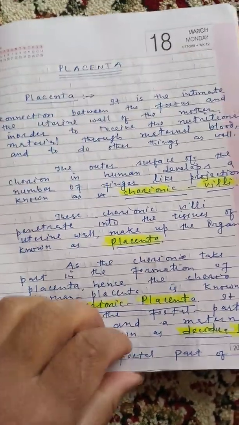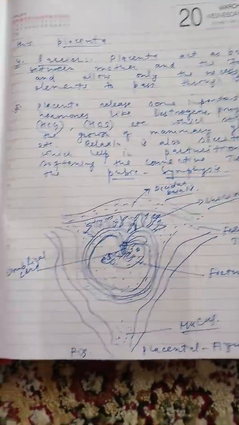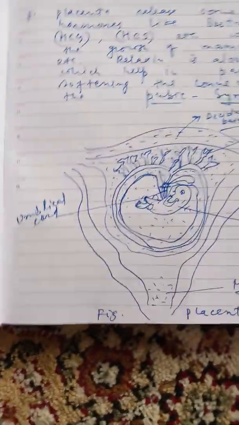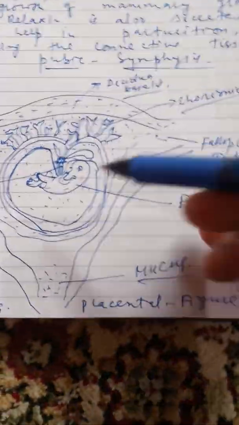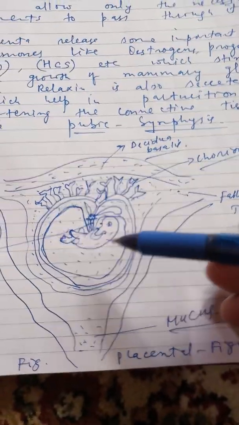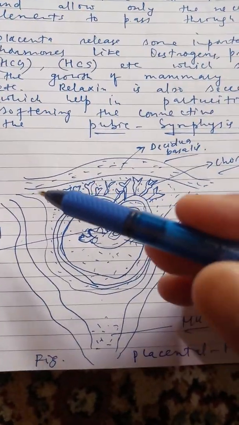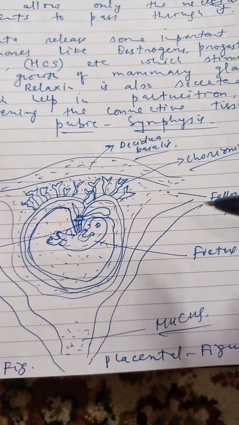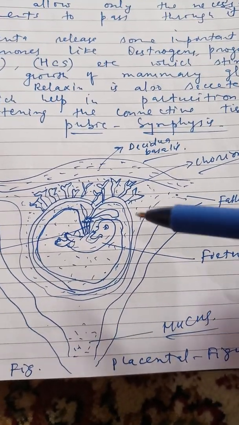So students, let's have a look here. There's a diagrammatic representation. This is our developing fruits inside the mother's womb, and these are the two openings of fallopian tubes.